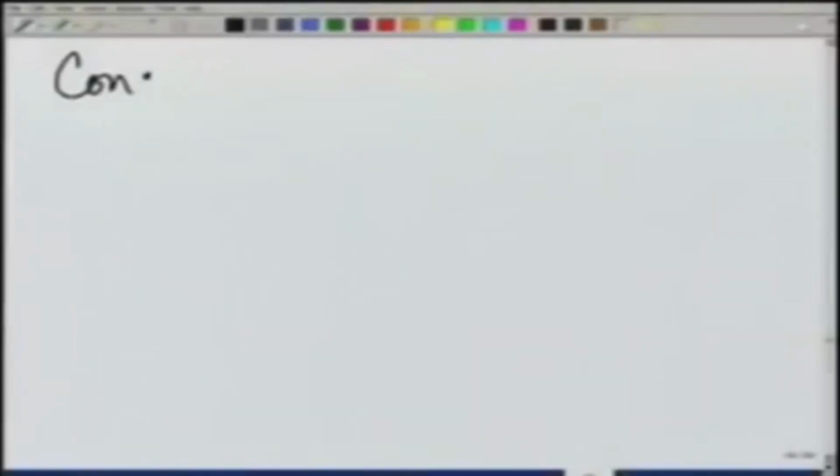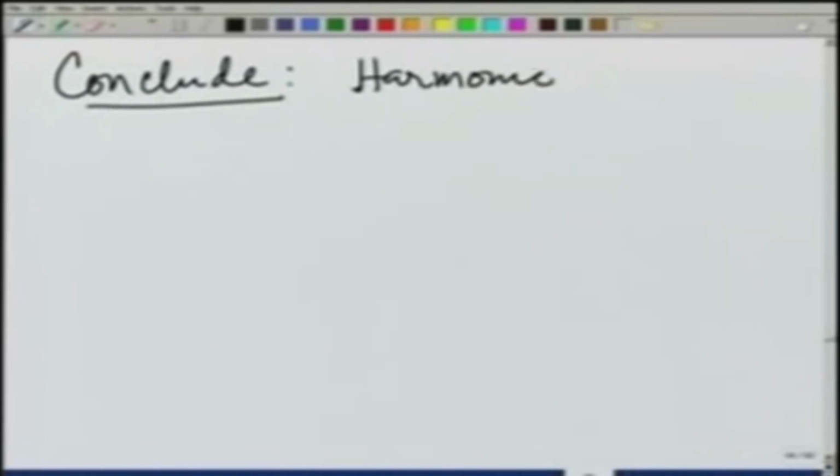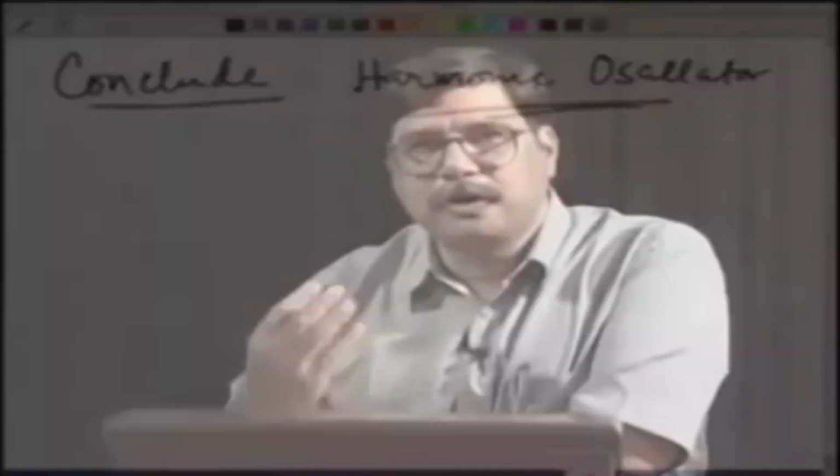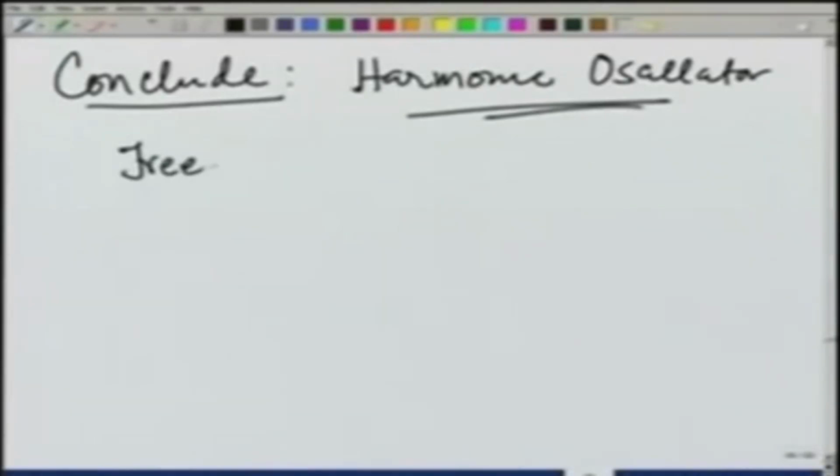So, let us conclude our lectures on harmonic oscillator. These are some basic ideas about harmonic oscillators. This is such a robust model that you can keep doing more and more. We have looked at freely oscillating system.